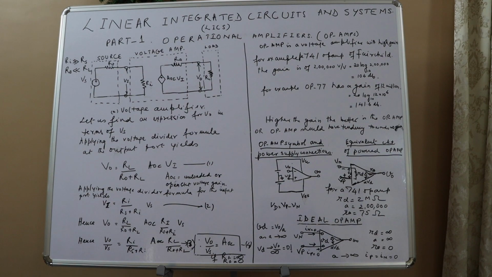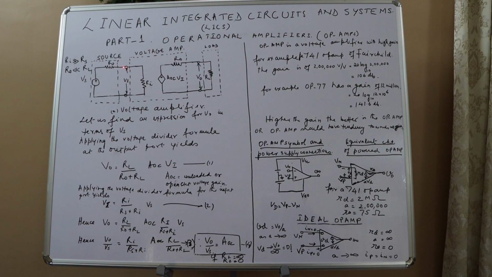Now, let us see what a voltage amplifier is. Please see the figure on the whiteboard. Here, Vs is the source, Rs is the source resistance, Ri is the input resistance of the amplifier, and Vi is the input voltage.